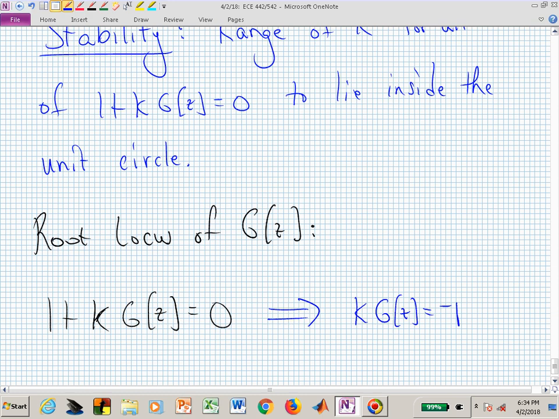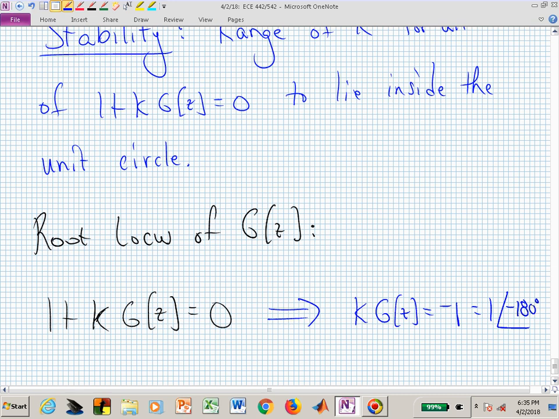But we are all electrical engineers. And what do we see when we see minus 1? Do you see the polar form of that? Oh, what's the magnitude of that minus 1? 1. What's the angle of that minus 1? 180. So this is another way, and I'm going to be kind of cute and just say, oh, it's minus 180.